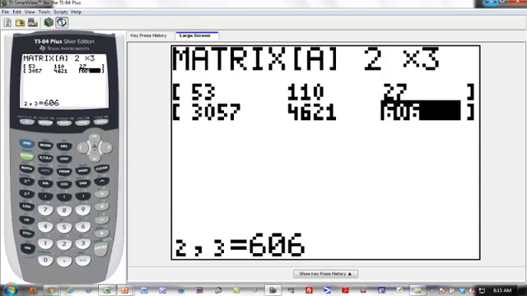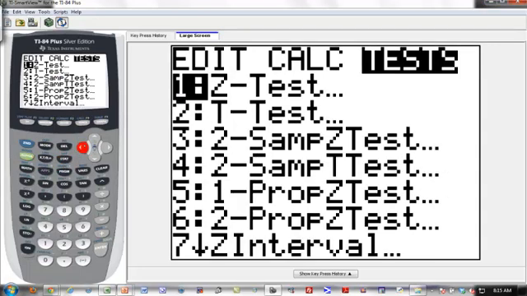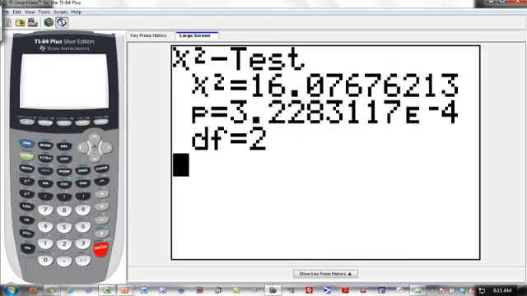Let's do the quick chi-square part of this. That should be easy. Stats, alpha C, test, alpha C, calculate. So what's our quick analysis of this? Chi-square is 16, p-value is 3.